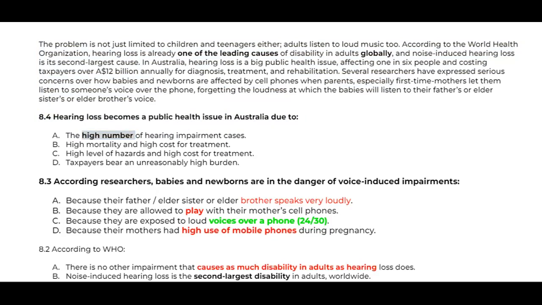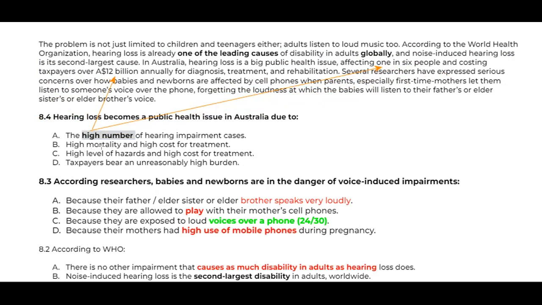The high number is there, 1 in 6 people, of course it's a high number. But costing taxpayers is not mentioned here. This answer has only one aspect. The high number is there, but the cost is not there in option A. So this answer is less likely.